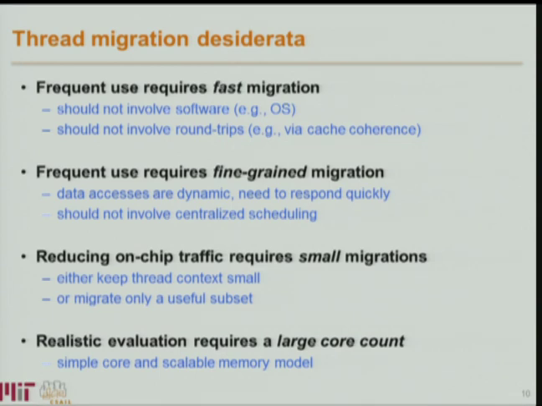If we want to reduce, in particular, the dynamic power, and for this the on-chip interconnect traffic, we also have to keep the migration small. There are two ways of doing this, both of which we're leveraging in this chip. One of them is to make the context small, and the other is to migrate only a useful subset. And finally, we wanted a large core count to make the evaluation realistic.